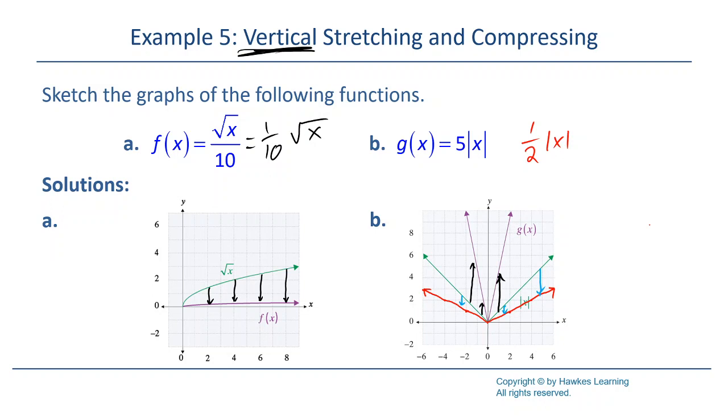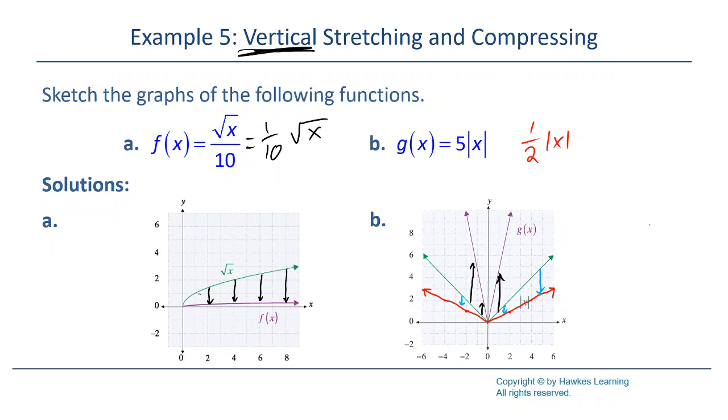So just be aware that when it says vertical stretch and compress, that's when it's on the outside. There are horizontal compressions, but we're not going to talk about those right now. But notice the way you can get these is literally just take the original value and multiply it by whatever this stretch or compression factor is.